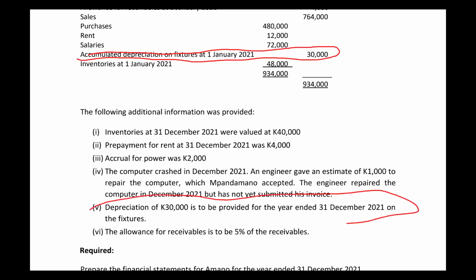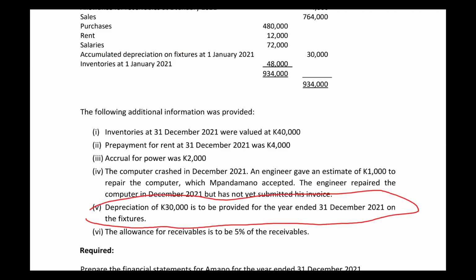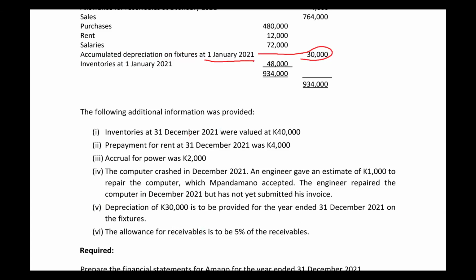Okay, listen, are you able to hear me? Yes. Now, from the time you acquired the fixtures up to 1st January 2021, the fixtures had lost the value of 30,000.